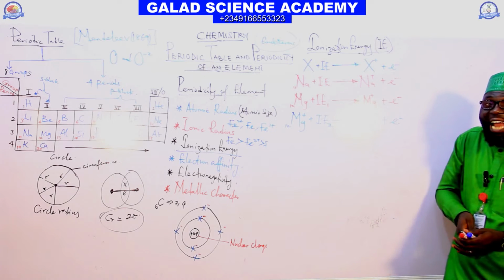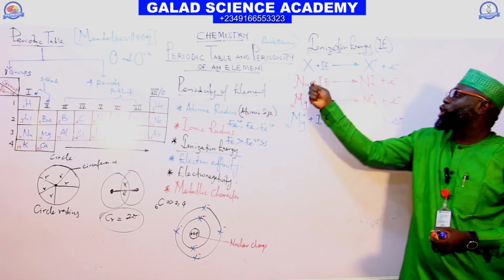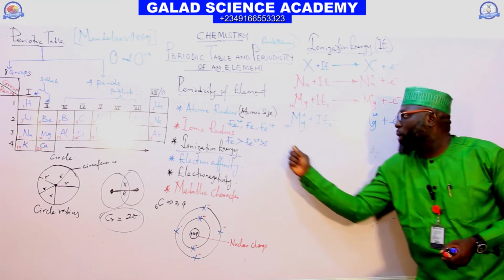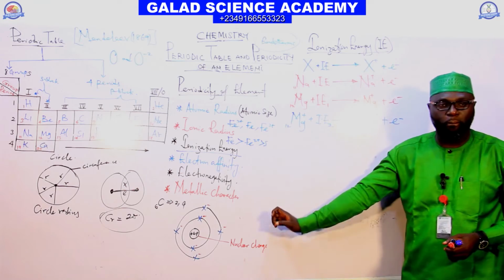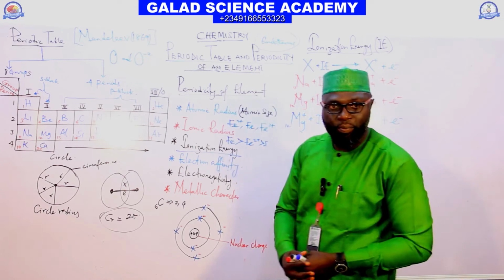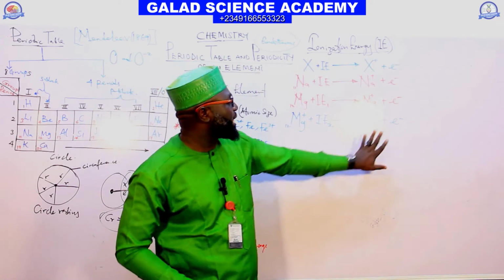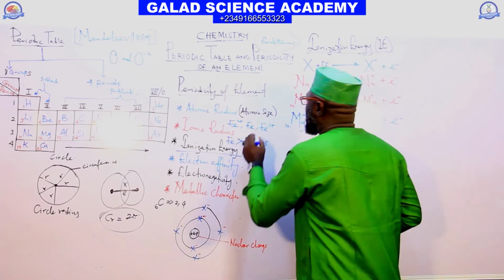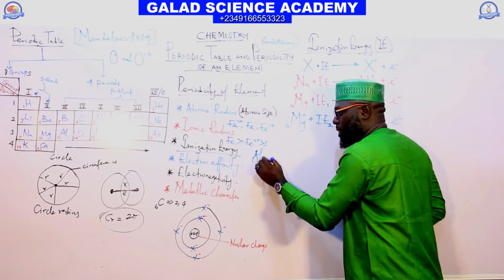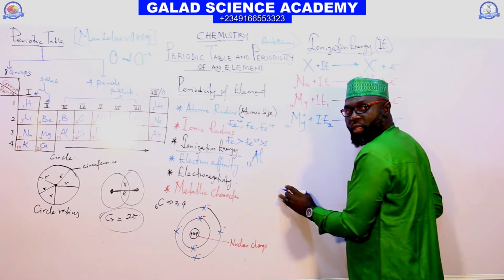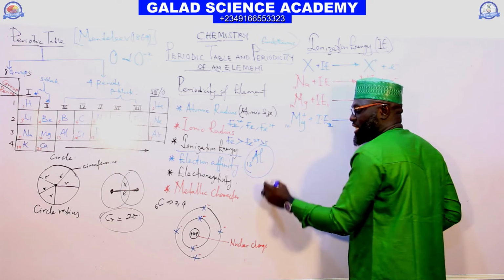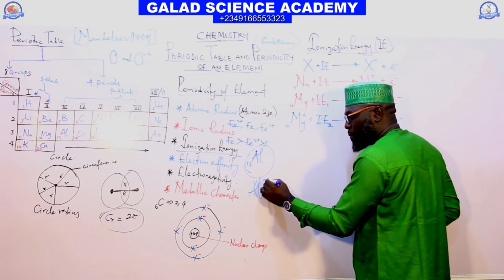In sodium, we have 1 ionization energy. So the energy required to take out electron from sodium is less than the energy required to take out electron from magnesium, because in magnesium we have 2 ionization energies. But if we are talking about aluminium, Al, atomic number 13, here we need 3 ionization energies before we can have aluminium 3 plus.